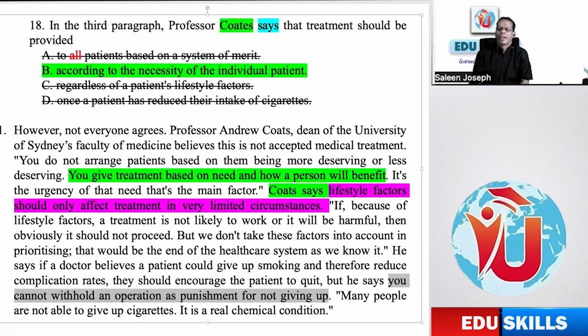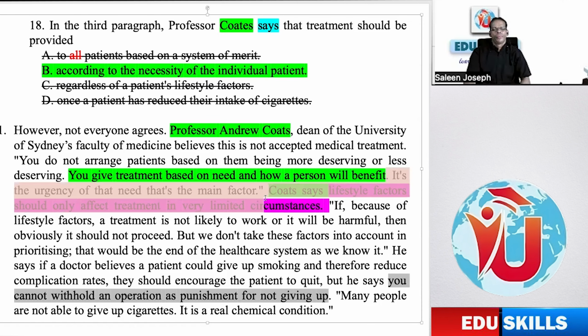Yes, Father. Now, while you haven't got it, in the sense you have to write down in your notebook all these four options and the opposite, the synonym, or the variant of where the reference is found in the text. Paraphrasing is important. Now, this is the same: you give treatment based on need and how a person will benefit, according to the necessity of the individual patient.